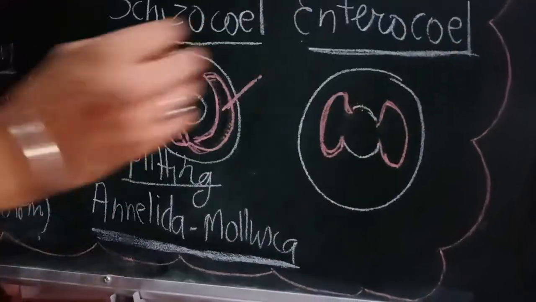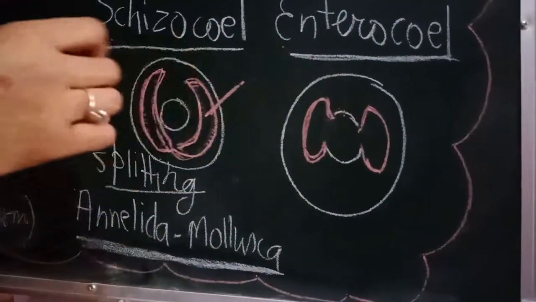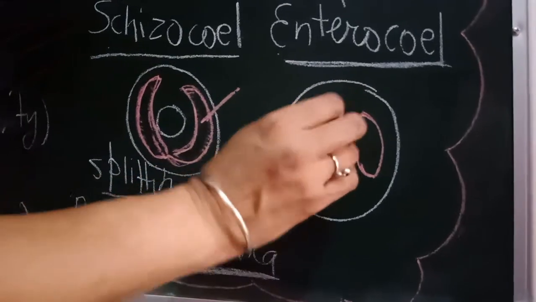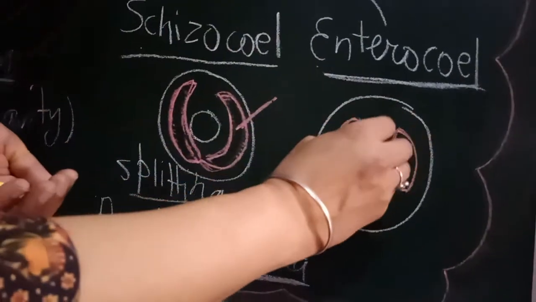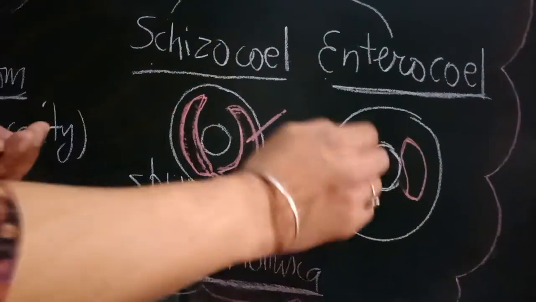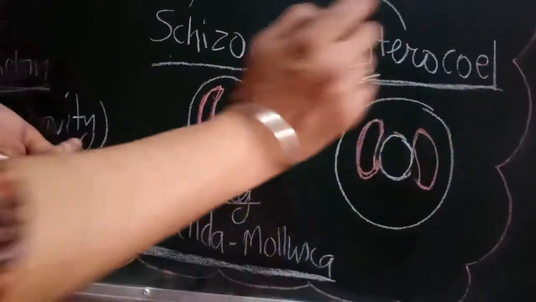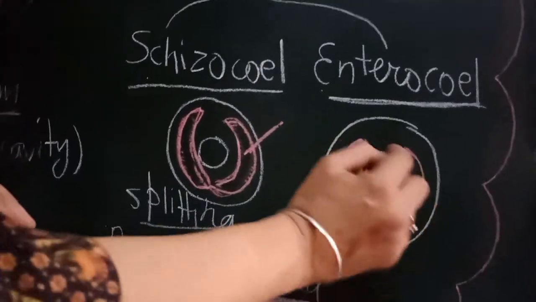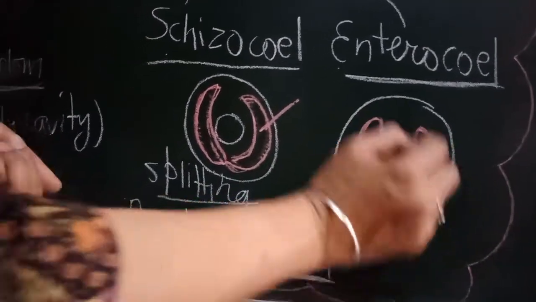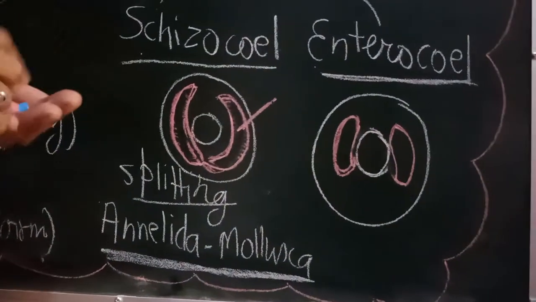That's why it is called enterocele. Progressively they enlarge, they pinch off from the inner layer, enlarge, and the space appears. So such type of mode of development is called enterocele. Pouches appear from the internal germinal layer and they take the form of the mesoderm.